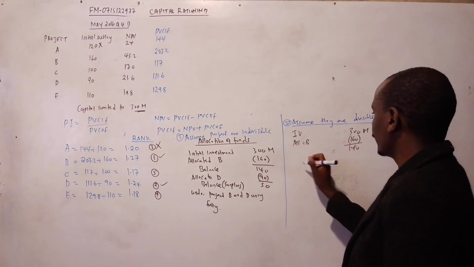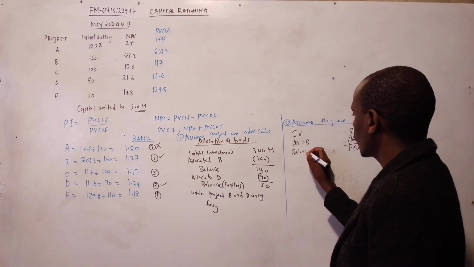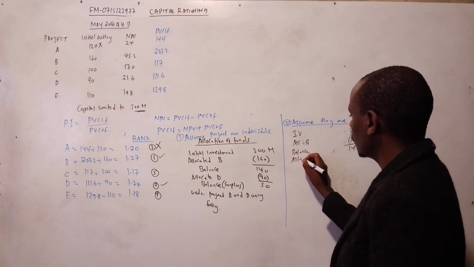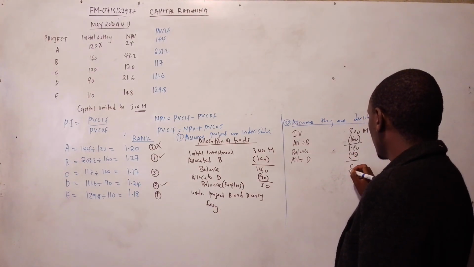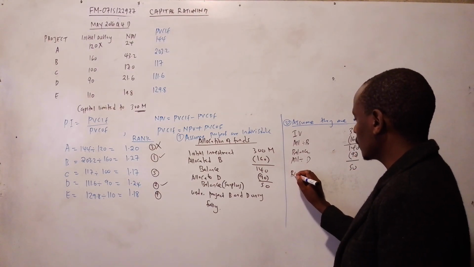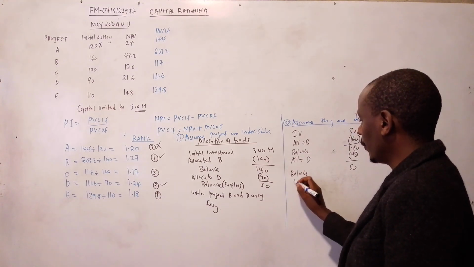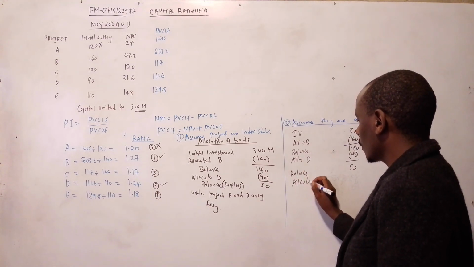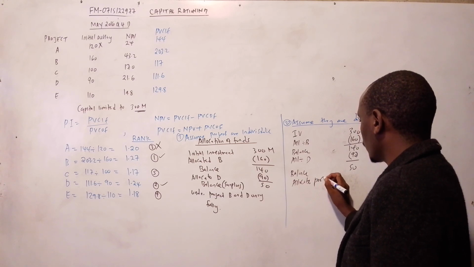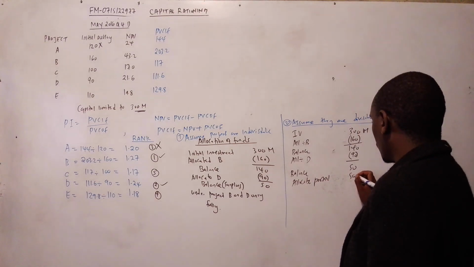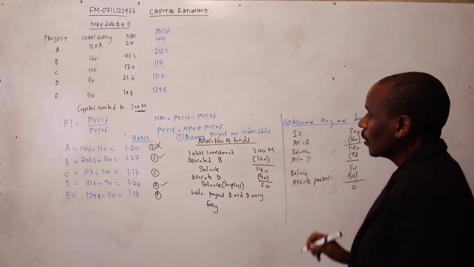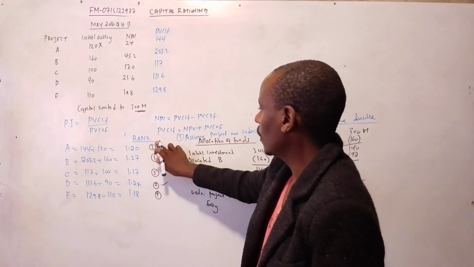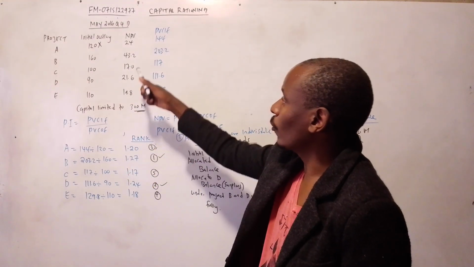Then we allocated D 90, we remained with a balance of 50. Then you allocate the next project partially. We allocate the whole 50 so that our investment balance is 0. The next project, out of 120, remember the cost was 120, we only undertake 50.